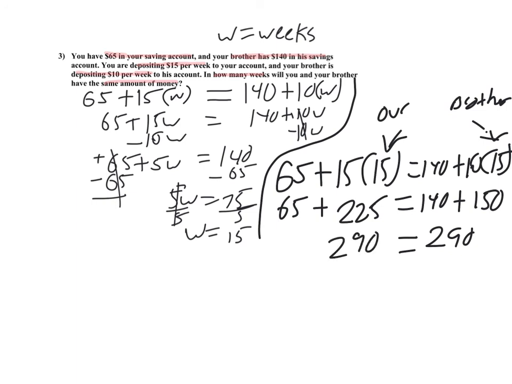So in the process of checking our work, we also figured out how much money we would have in 15 weeks, as well as checking our work to make sure it took 15 weeks to have the same amount of money. And that is all.